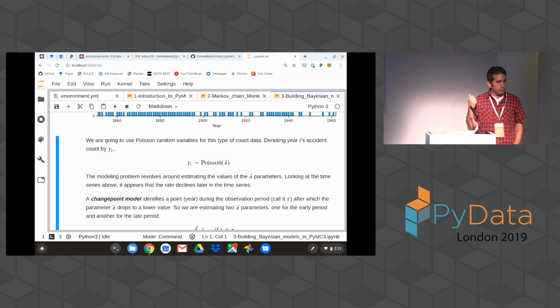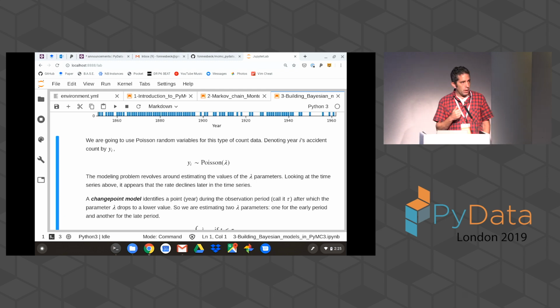So under that assumption, what do we have to do? We've got to follow our Bayesian 3-step process. So our probability model: we need a sampling distribution, and we need priors for things that we don't know. Our sampling distribution I'm going to choose as Poisson. The Poisson distribution is essentially a model for counts.